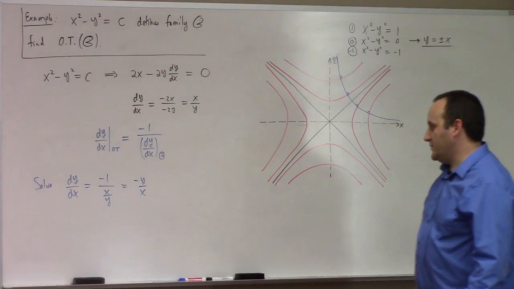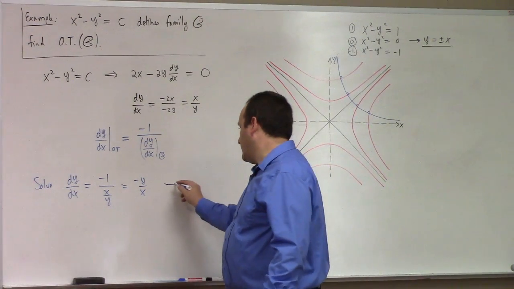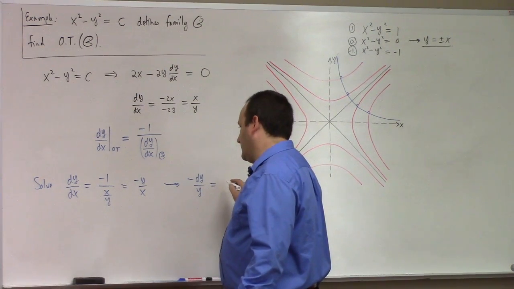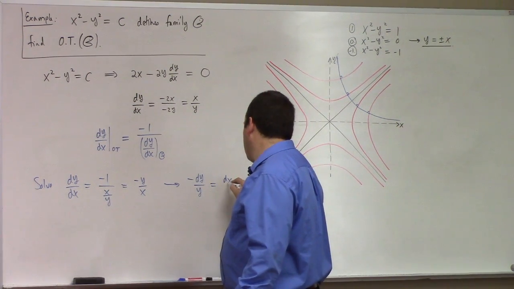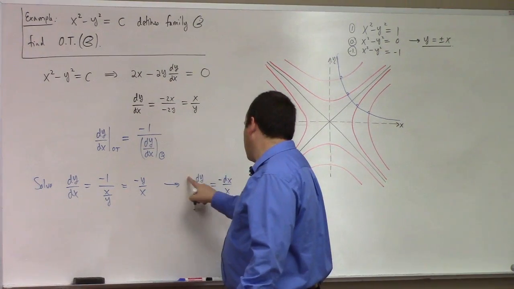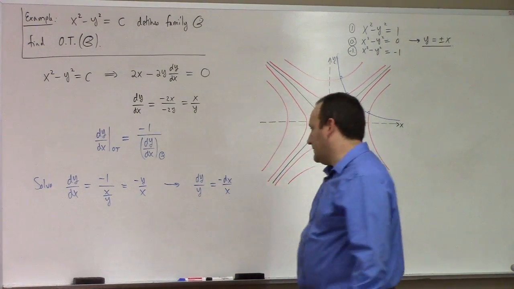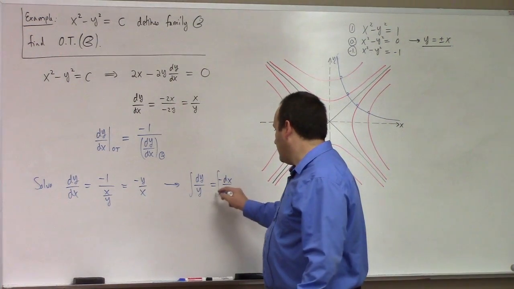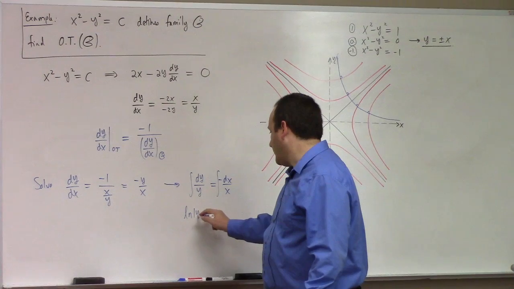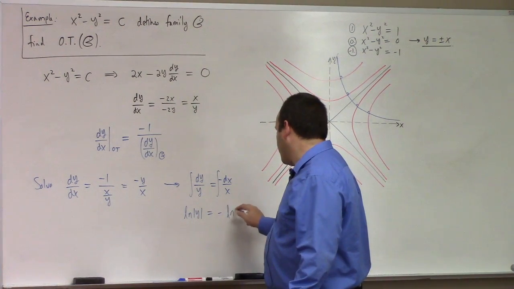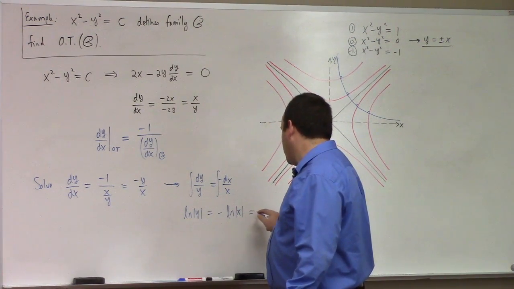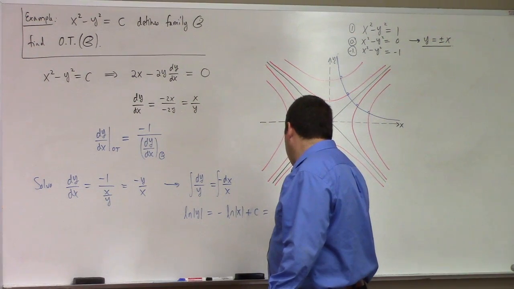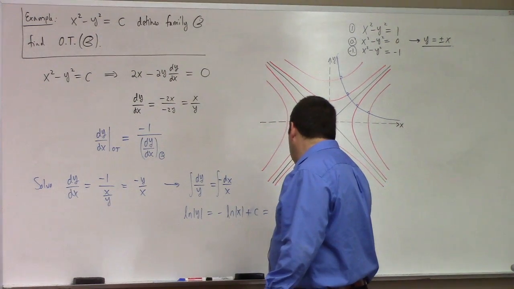And you can do separation of variables, right? What do we get? Minus dy over y equals to dx over x. Actually, I'm going to put the minus back on the x side, if you don't mind. Now we can integrate both sides, right? This gives me log of the absolute value of y equals minus the log of the absolute value of x, which of course plus a constant, which is equal to log of x to the minus 1 power plus c.